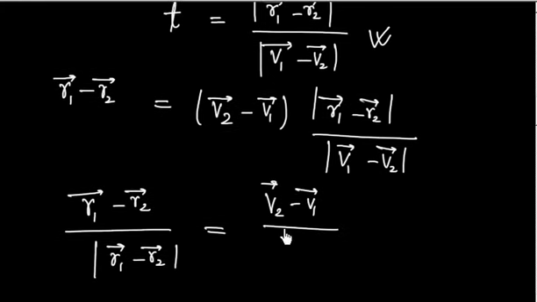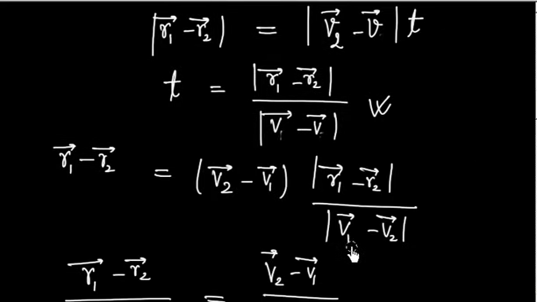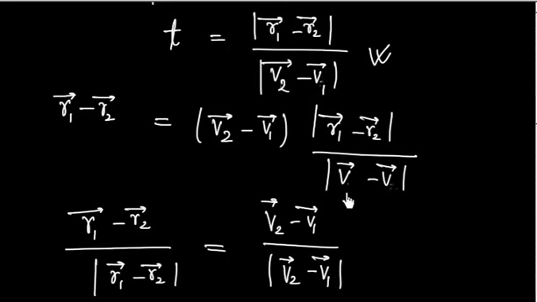It is better to write v2 minus v1 everywhere because of symmetry, so things become symmetrical. So this is the final result we will have.